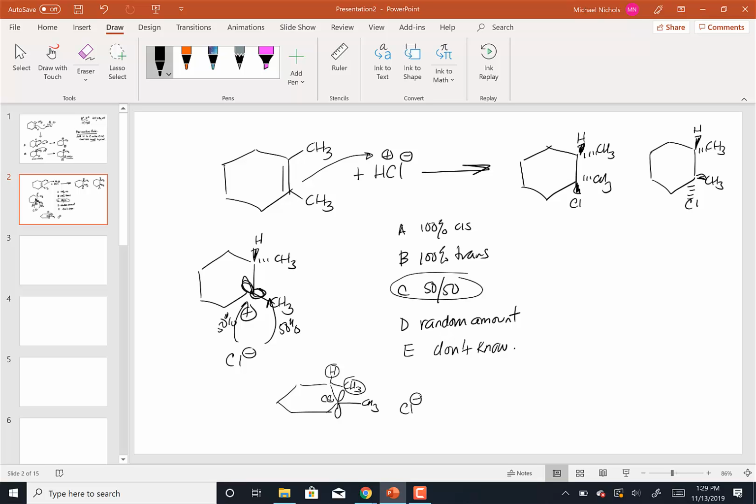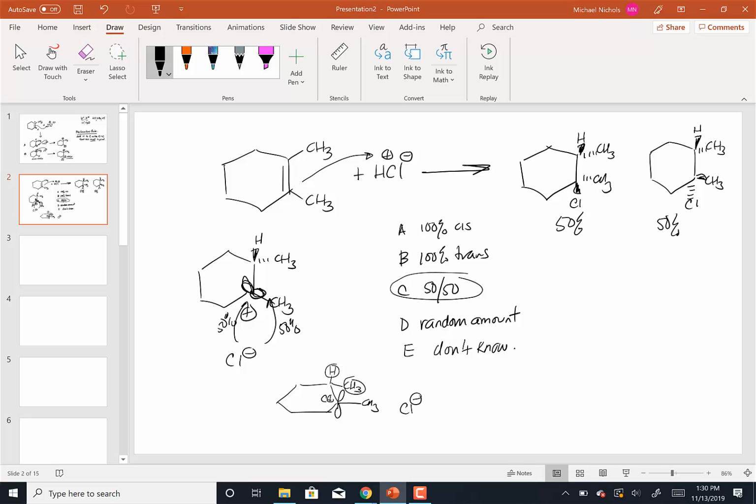So this product would be exactly 50% and 50%. Those are the three things we have to look out for every reaction.